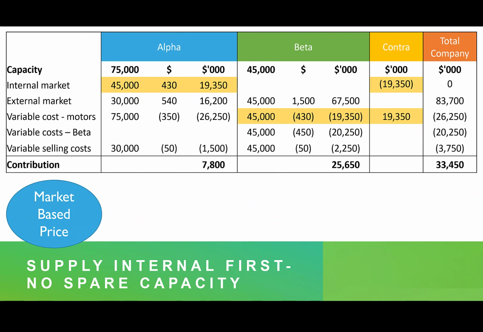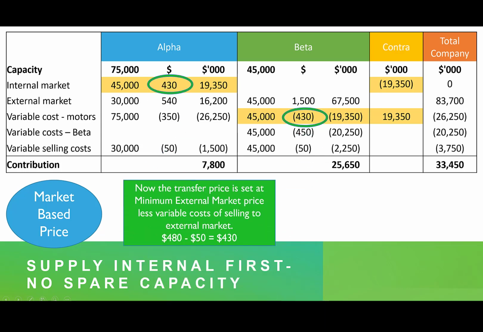So the compromise might be a market-based price. Here the price is going to be set at 430. So that is the minimum external market price less any variable cost of selling to the external market. So that would be the 480, which is the minimum, minus the 50, and that makes 430.